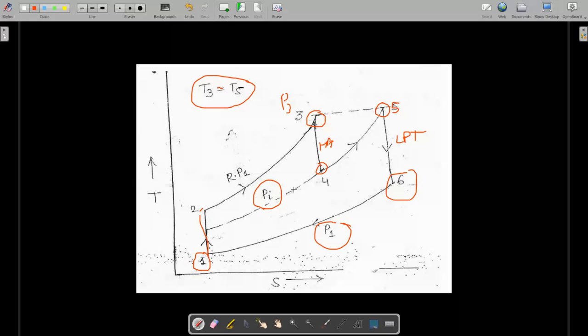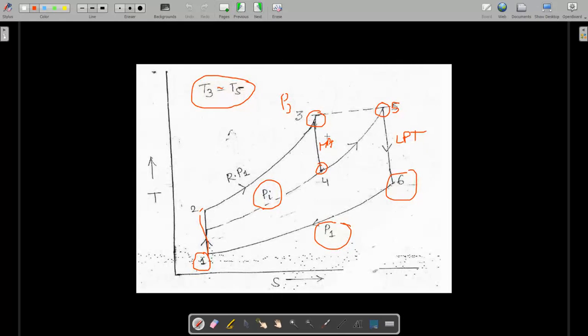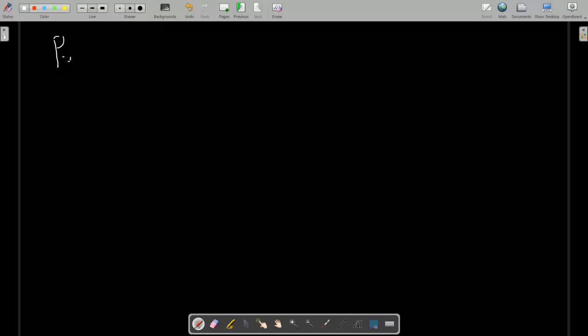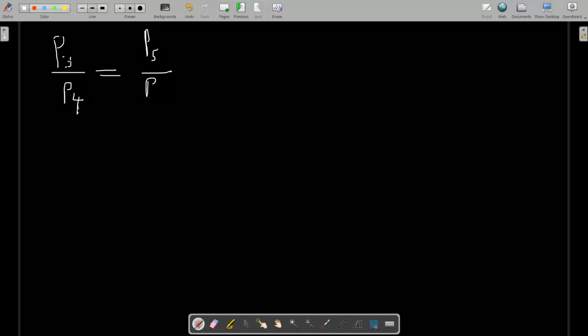So from the given data I can write that P3 by P4 is equal to P5 by P6. Why? Because the pressure ratio is equal in both turbines, as given in the data.